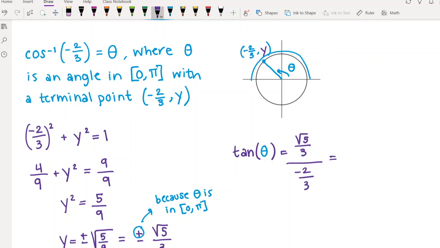And so this is going to simplify to square root of 5 over -2. And kind of a more conventional way of writing that would be -√5 over 2, just moving that negative sign out from the fraction.